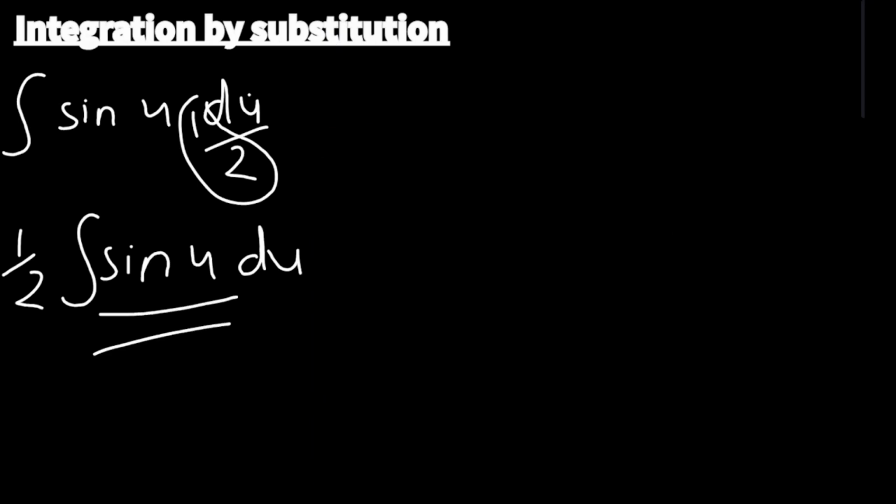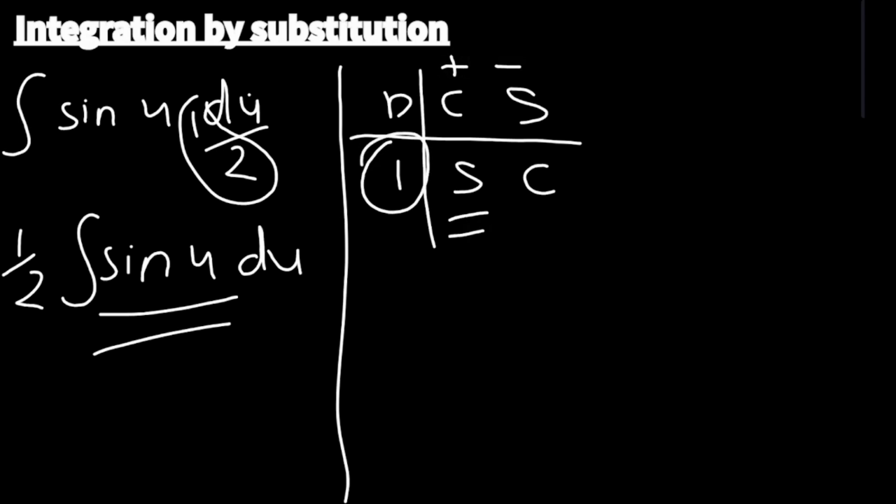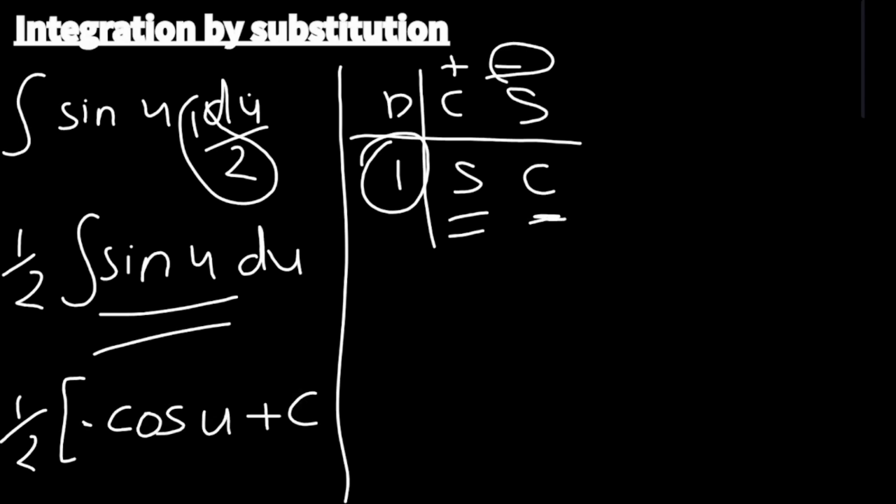What is the integral of sine u? From our mnemonic earlier, don't count stars, instead start climbing. A positive here, a negative here. So the integral of sine u is negative cosine. Our answer becomes a half negative cos u plus c.